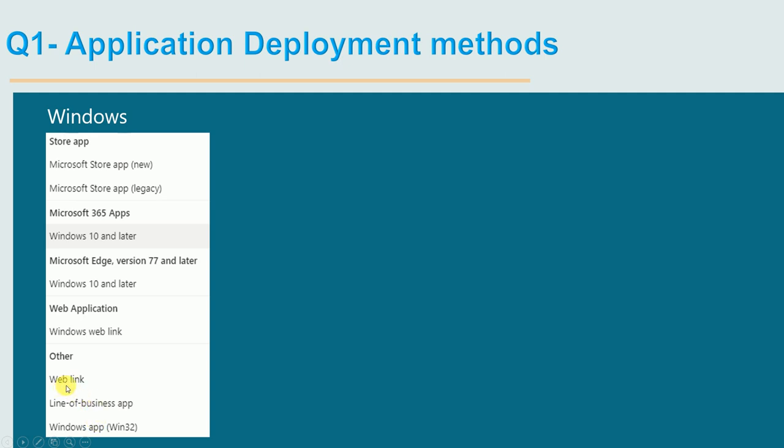Sometimes we also use a web link, and a Windows web link. For the Edge upgrade you can use Microsoft Edge Windows version 77 and later, the Windows Microsoft 365 app, and you can deploy the application from the app store as well. So it depends on you which method is suitable in your company, or what process they are using.